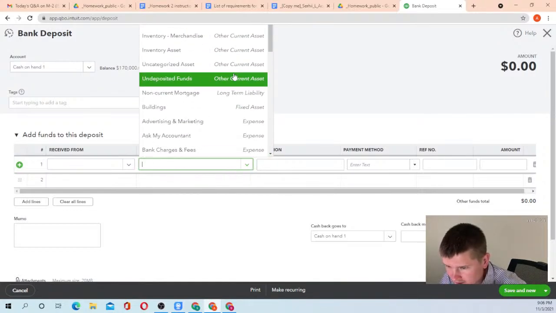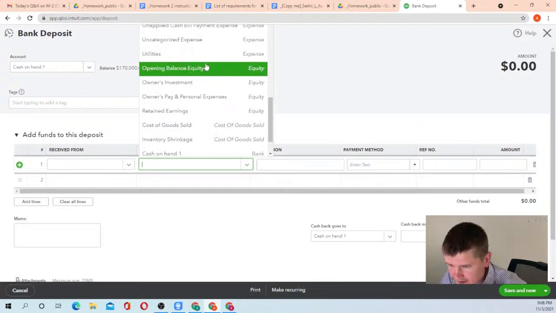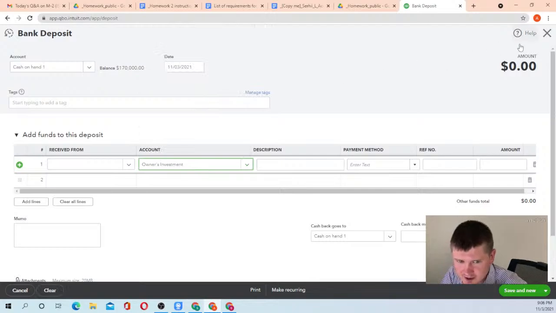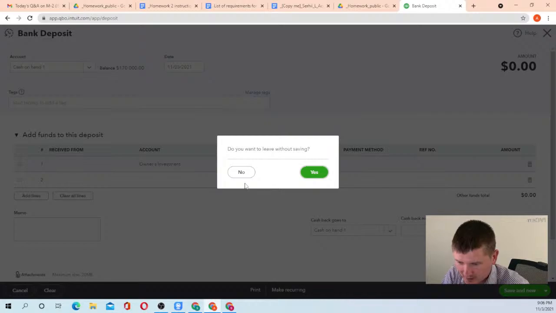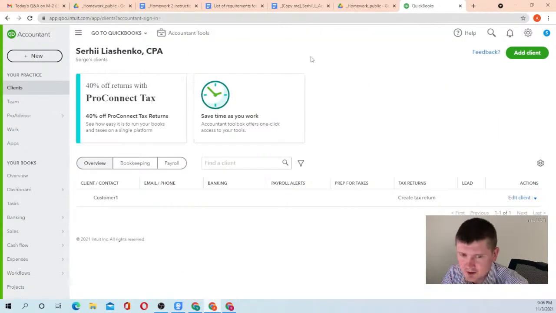Let's see what we have here. Fixed assets, expense, equity. So we have equity accounts here and we call it just owner's investment. I won't do that, I've done that in the previous parts. Yeah, I just close it.